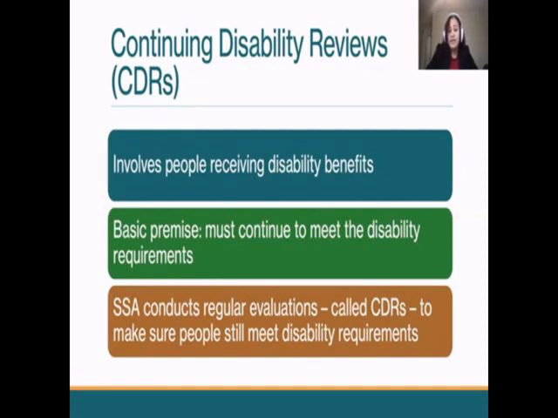Social Security conducts regular evaluations of people who are receiving disability benefits, and these evaluations are called continuing disability reviews, or CDRs. And these CDRs just make sure that people continue to meet disability requirements.